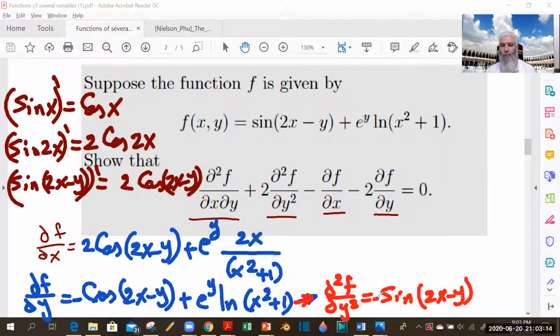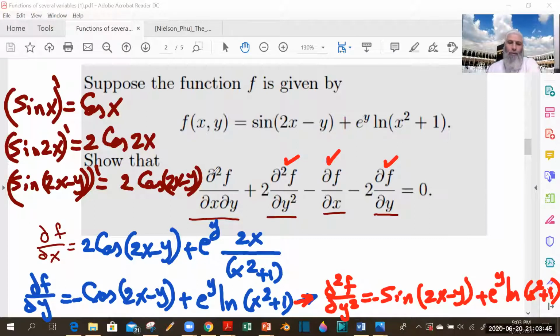We will have a negative here. Plus e^y ln(x squared plus 1) again, because ln(x squared plus 1) is constant with respect to y. So we calculated this, this, and this. We need to calculate this.